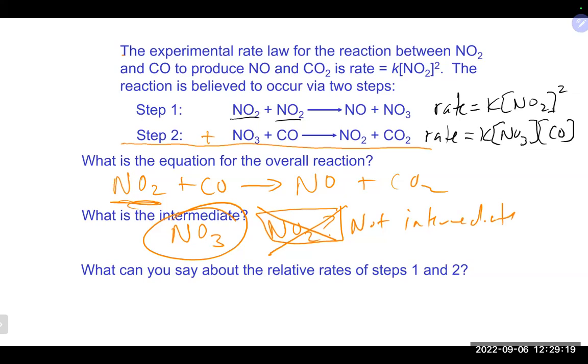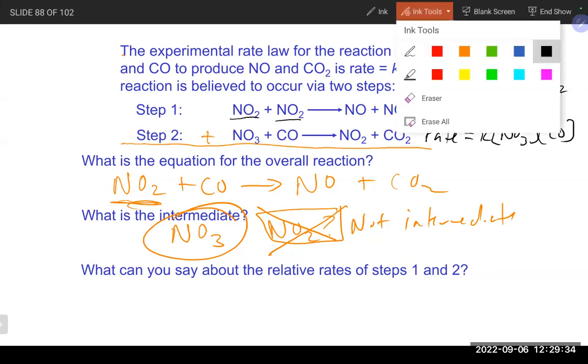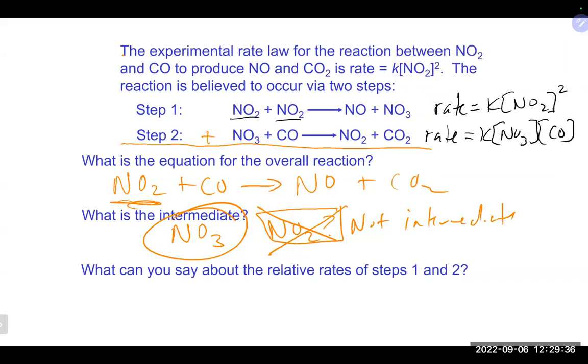So why would writing the rate laws for each of these steps be helpful? Do we see anything that matches perhaps? Do any of the steps match the experimentally found rate law? They do. Which step? The first step, right? The first step here has a rate law that matches the rate law that we see was found experimentally.